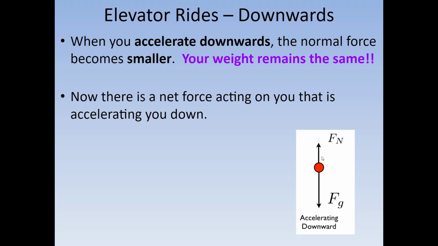One thing to keep in mind is that I mentioned you're going to have to draw FBDs, and one of the concepts is that you have to make sure the line lengths represent their relative values. If you were asked to draw an FBD of a person in an elevator accelerating upwards and downwards, you would have to show that the force of gravity did not change in those two scenarios, that it was always, let's say, 2 blocks down.